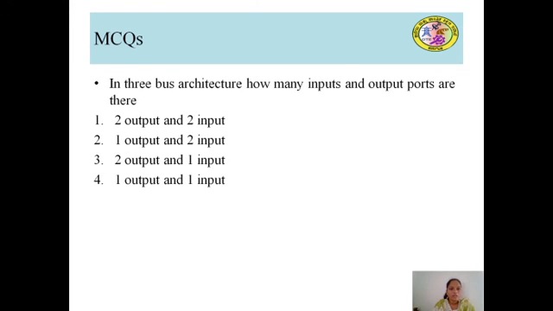The next question, in 3-bus architecture, how many input and output ports are there in a register file? We have 2 output ports and 1 input port. So the answer is choice 3, that is 2 output ports and 1 input port.